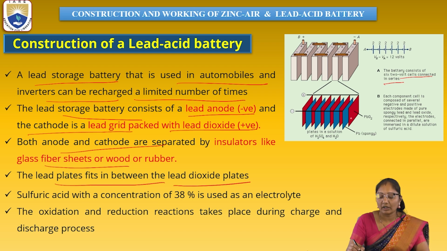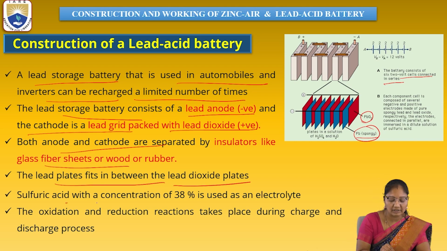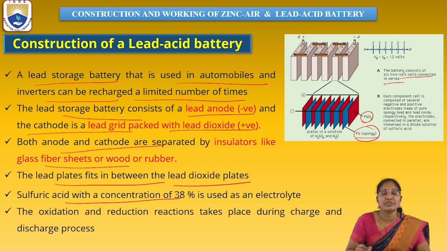Here we can see the blue color, which is spongy lead, lead in a spongy structure, and lead oxide, which is red color. These plates are all immersed in H2SO4 solution. Sulfuric acid with a concentration of 38% is used as the electrolyte.